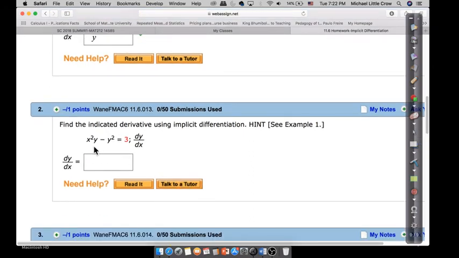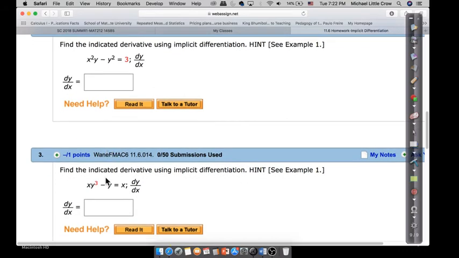There's one that you're going to need to use the product rule here. And there's 2 y's, so you're going to end up with 2 y dy dx's, so you're going to need that trick of factoring. Okay, so that's why I did show it to you. This one also, you've got 2 y's in here, so you're going to have 2 y dy dx, so another one you're going to need to do the factoring on.